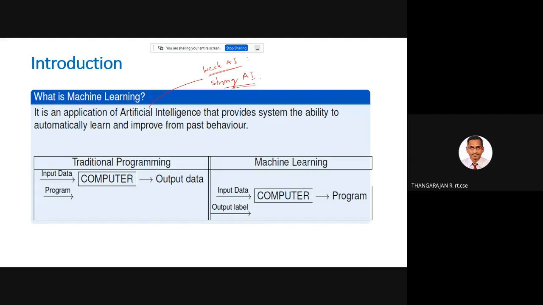All these things come under weak AI, because we are making the computer do a task which humans do.